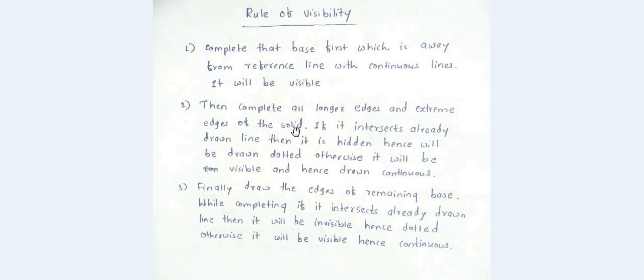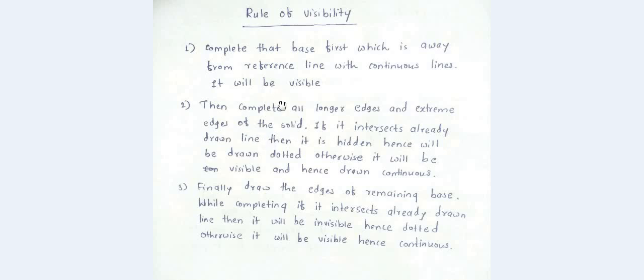Then in the second stage, we will complete all longer edges. We will not go for completing the remaining base directly, we will complete all longer edges. And while completing, if it intersects an already drawn line, then it is hidden, hence will be drawn as dotted, otherwise it will be visible and hence drawn as continuous.